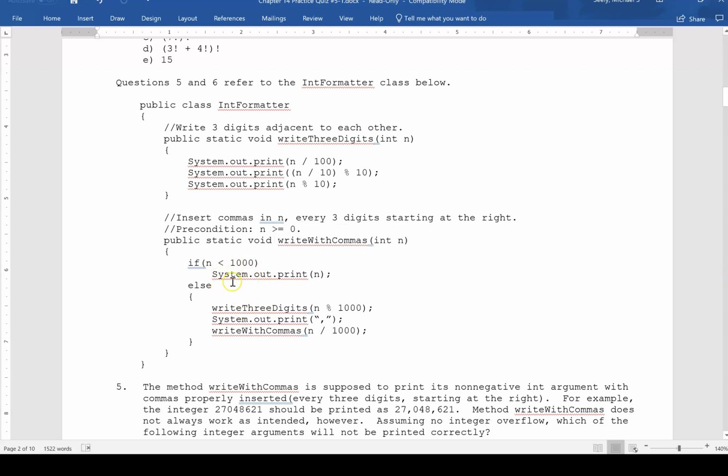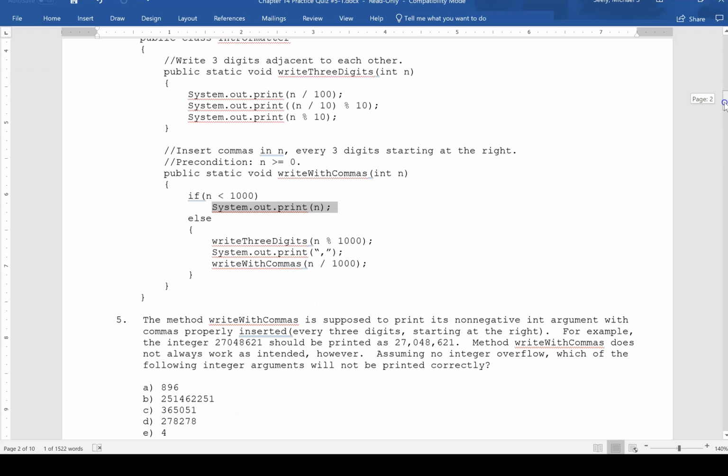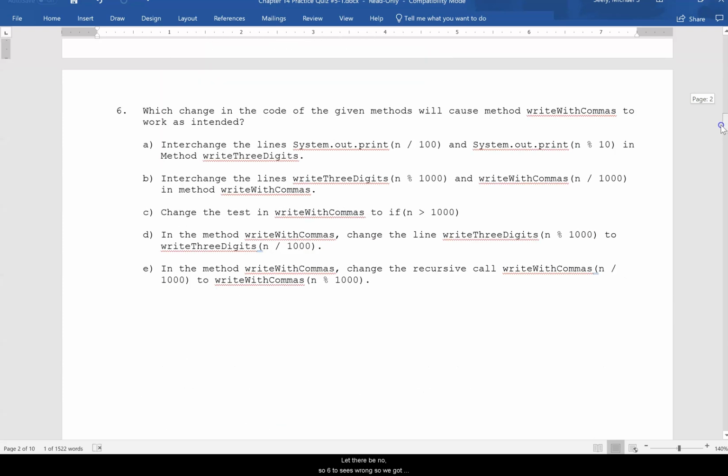Any number that'd be greater, let's say my number was 1,000,000 or whatever. Is 1,000,000 greater than 1,000? Yes, so it'd print 1,000,000. So it'd print it fine. It just wouldn't print any of the commas that we're looking for. So anything greater than 1,000 would print fine, but there'd be no commas, so C's wrong. So we got A and C are wrong.